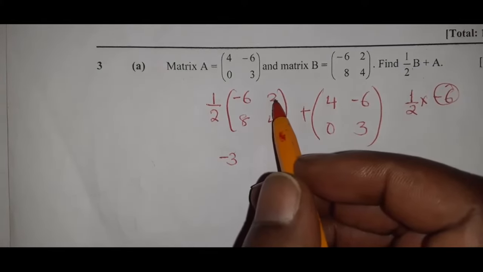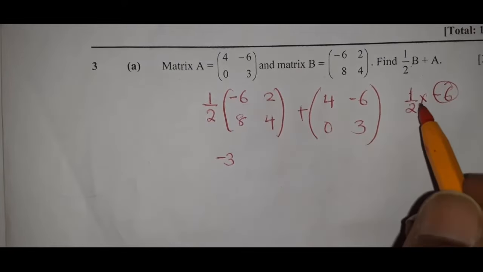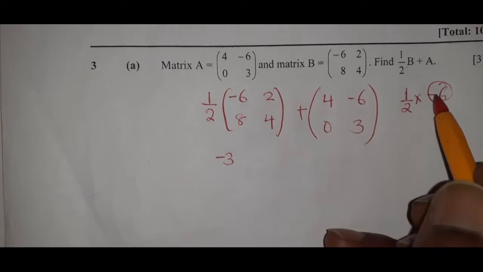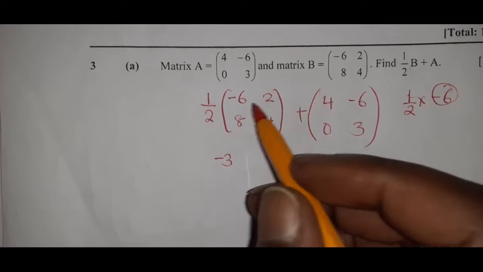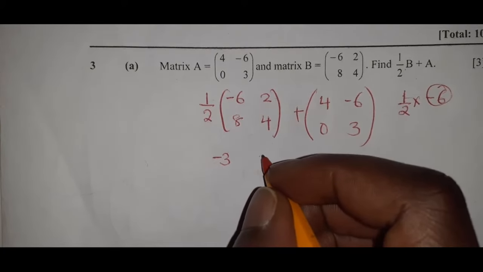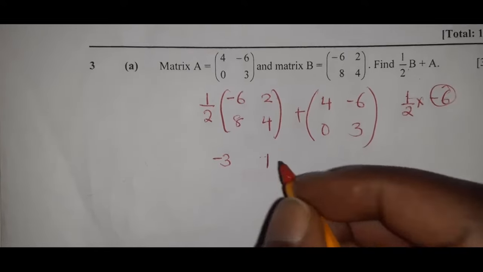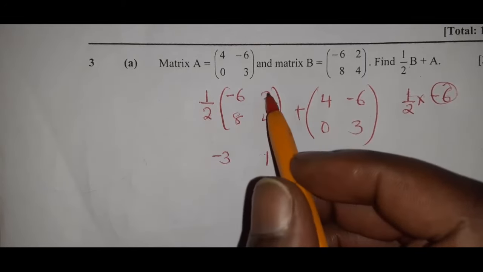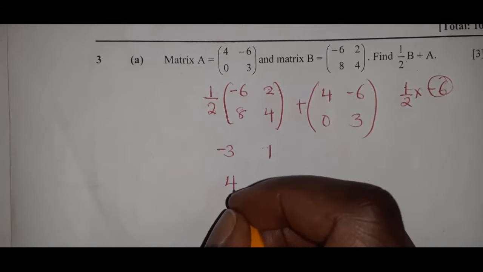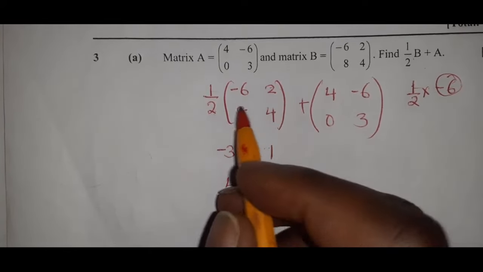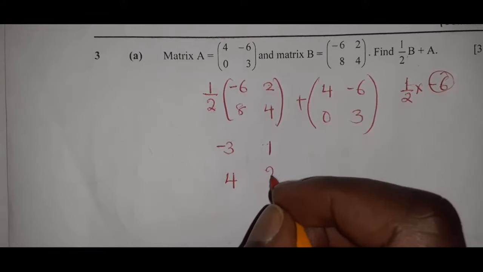Then even the second one is as good as, because when you say 2 into this one, you get -3. When you multiply by 1, it still remains the same. So even here, we're going to say 2 divided by 2, we're going to get 1. When you multiply by 1, it will be the same. 8 divided by 2, you get 4. 4 divided by 2, you get 2.